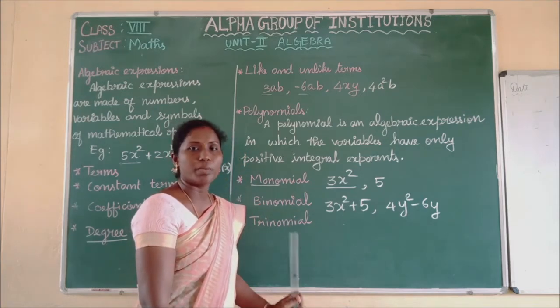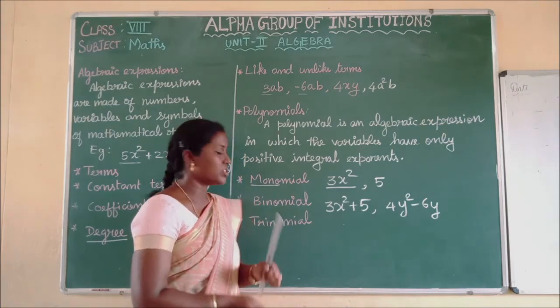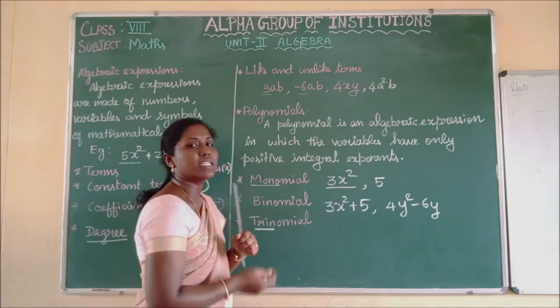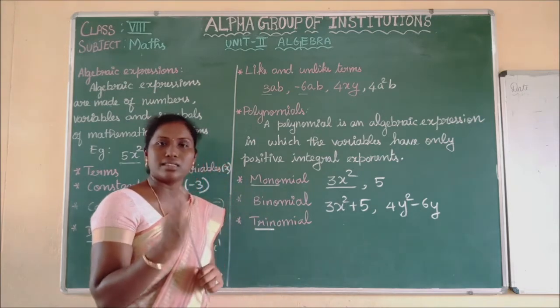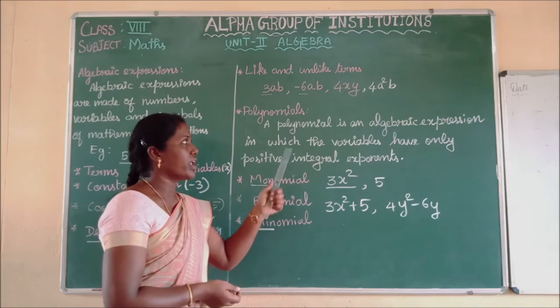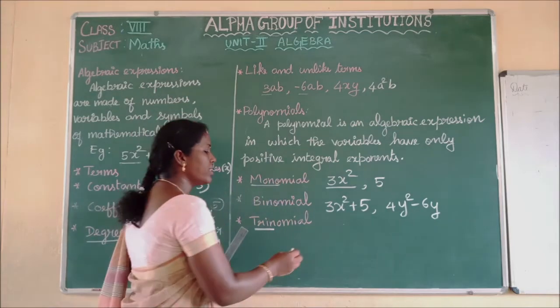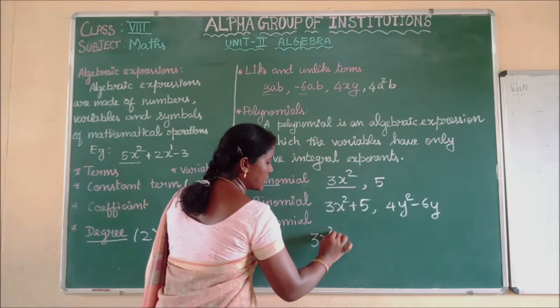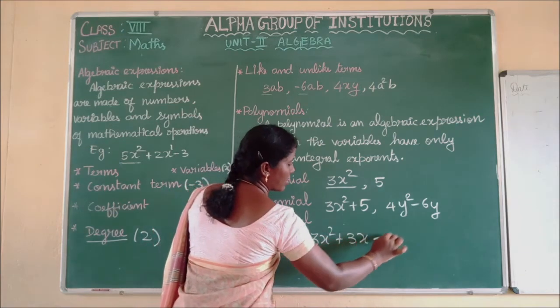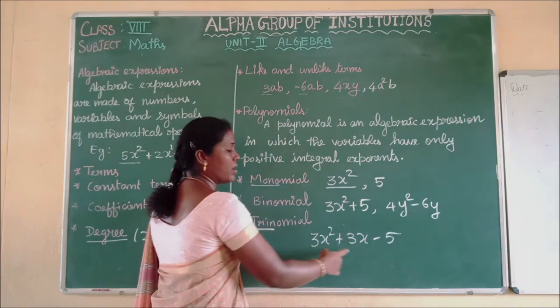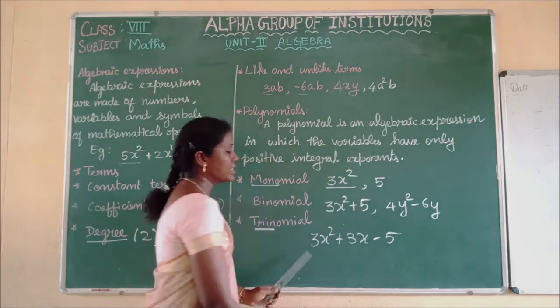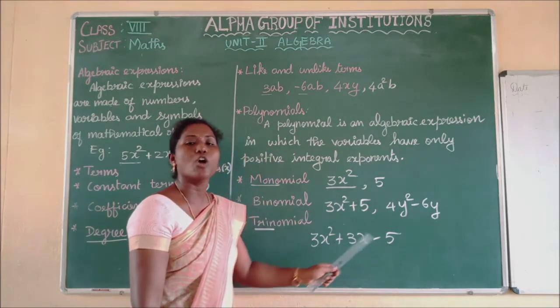And trinomial. Tri means what is the meaning of tri? That is 3. That means if any polynomial has 3 terms, it is called a trinomial. Maybe like this: 3x squared plus 3x minus 5. See here, in this polynomial, how many terms are there?